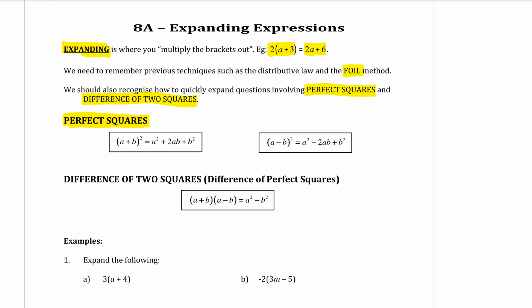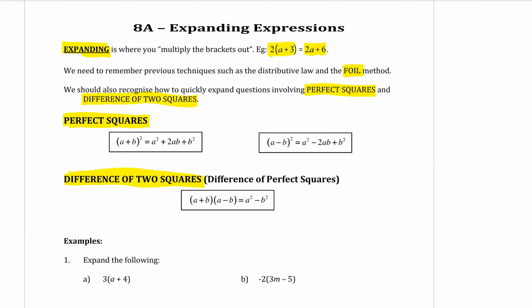The second shortcut formula to remember is the difference of two squares. A difference of two squares is where you have two brackets with the same terms in the brackets, but one bracket has a plus sign and the other bracket has a minus sign. When this happens, the middle two terms of your FOIL expansion always cancel out.